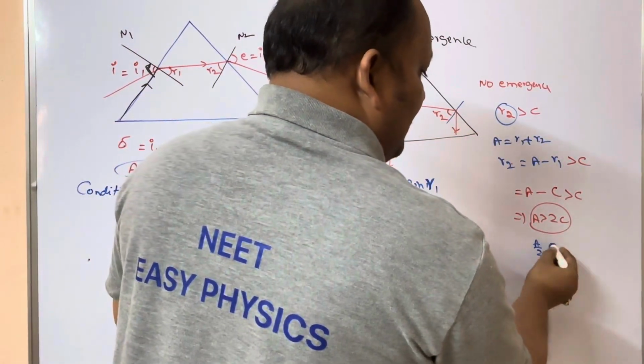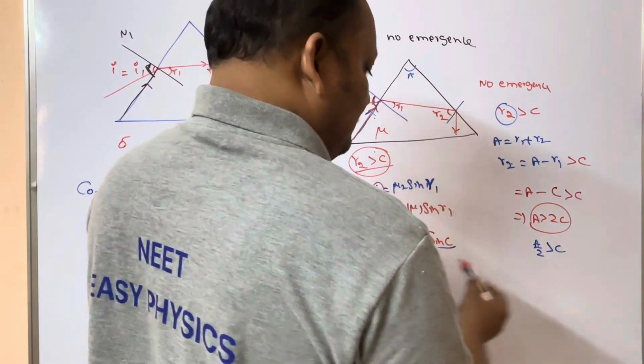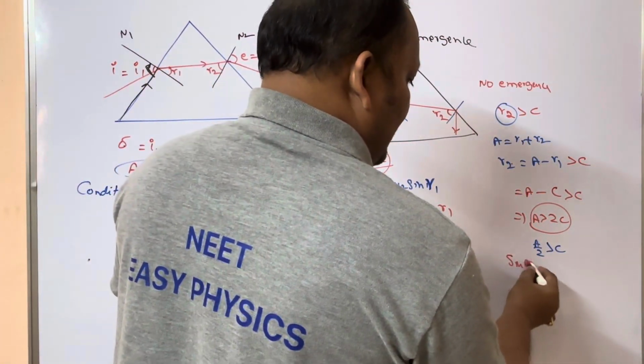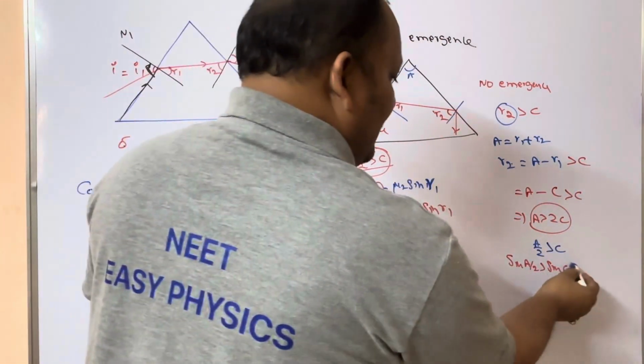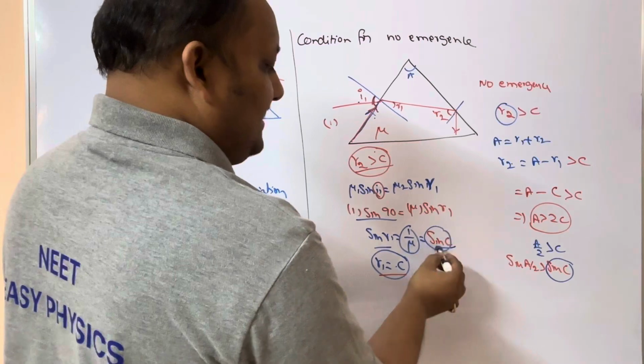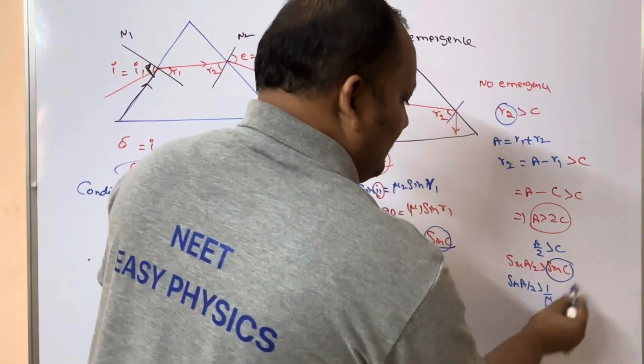Otherwise, A by 2 is greater than C. If we apply sine on both sides, sin A by 2 is greater than sin C. Sin C can be written as 1 by mu, so sin A by 2 is greater than 1 by mu.